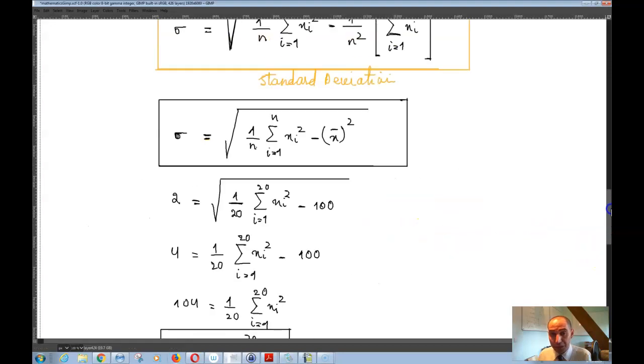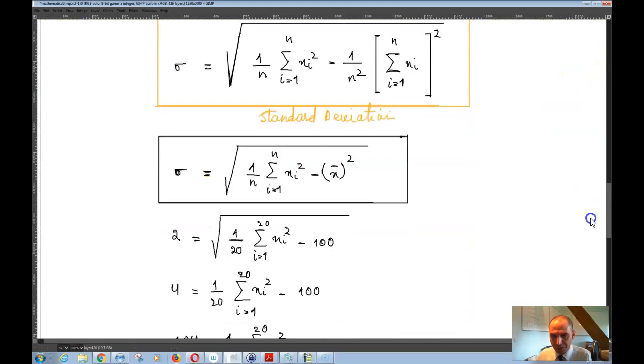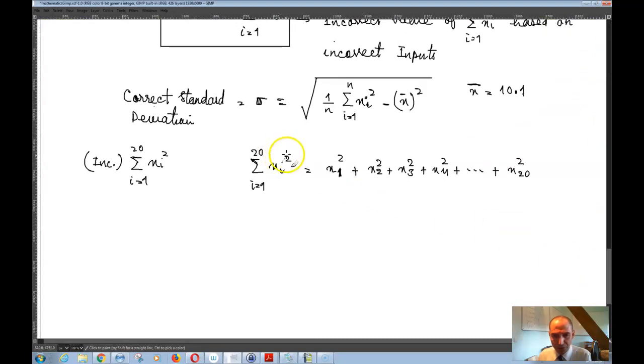Now what I have done is that I have taken this 8 out, meaning that for the actual value of x of I squared, I just have to subtract 8 squared from this. That's the only thing that I have to do.